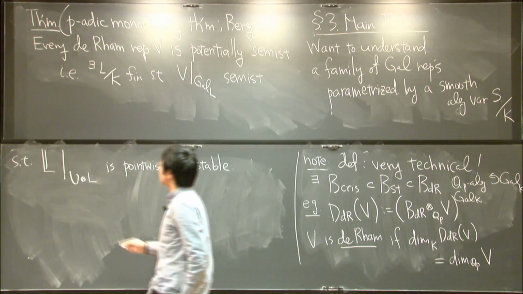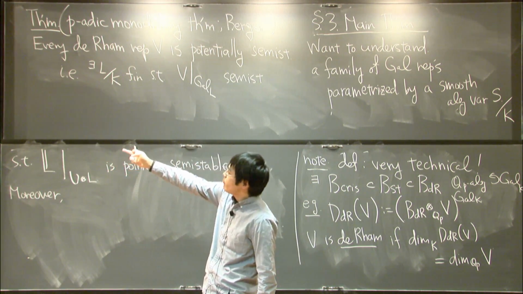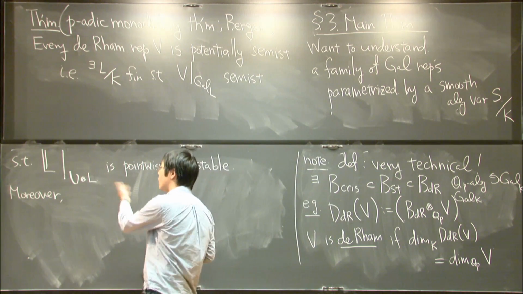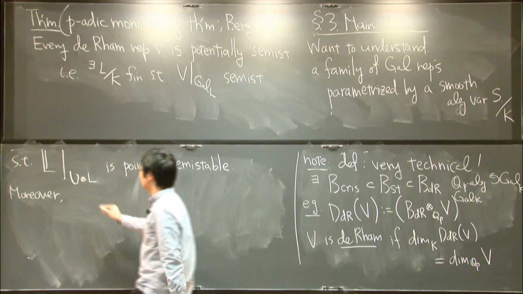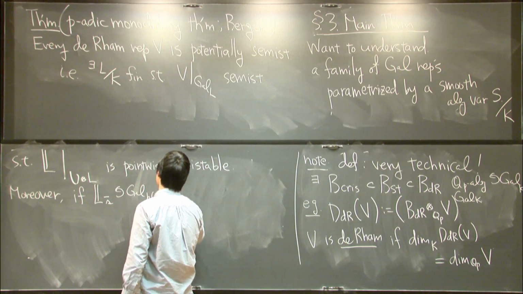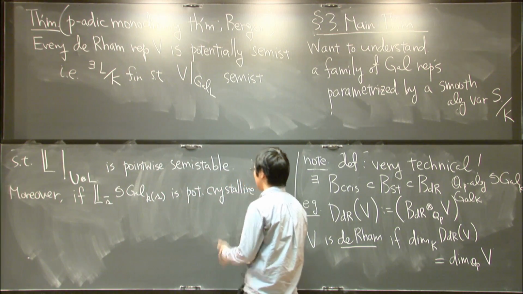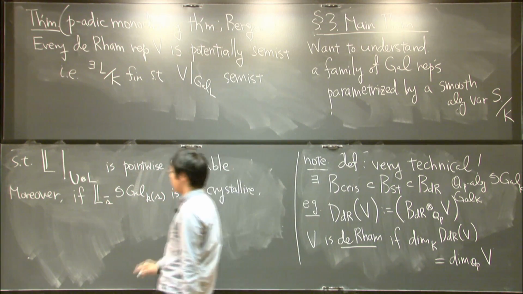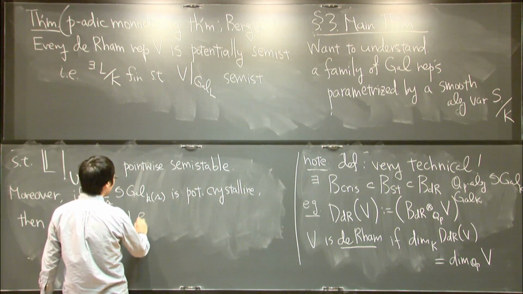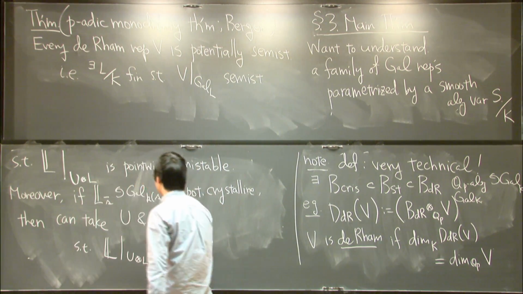And then we can say more. Namely, if you consider the Galois representation at the given point S, and suppose this is potentially crystalline, then we can choose U and L so that this is pointwise crystalline. Remember, crystalline corresponds to good reduction in the geometric case. So the initial Galois representation is potentially crystalline, then we can take U and L such that this restriction is pointwise crystalline.